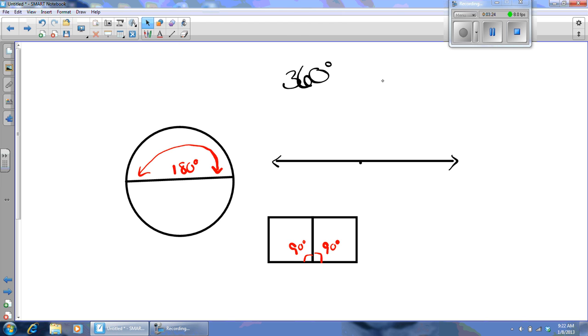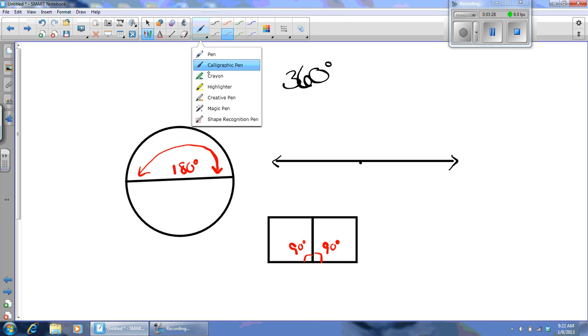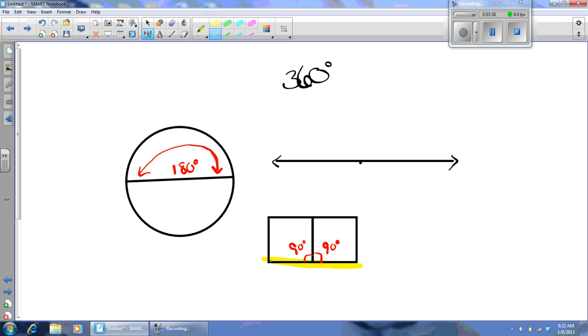And 90 and 90 is 180, right? Well, what's this right here? The bottom of those 2 squares. Doesn't it make a line or a line segment? And look, there's 180 degrees there. I ask you again, how many degrees are there in a line? Hopefully you're able to tell me there's 180 degrees in a line.